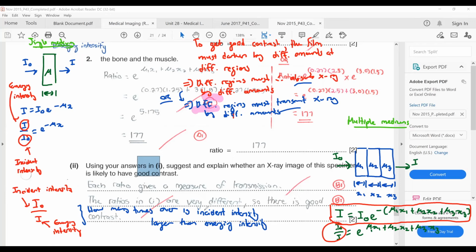This is your initial intensity, this is your final intensity, this is your measure of transmission that the question is telling you. It gives you a measure of transmission. So the ratios that you see in 1 are very different, so there's good contrast.